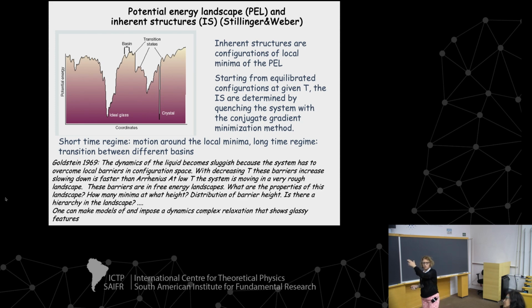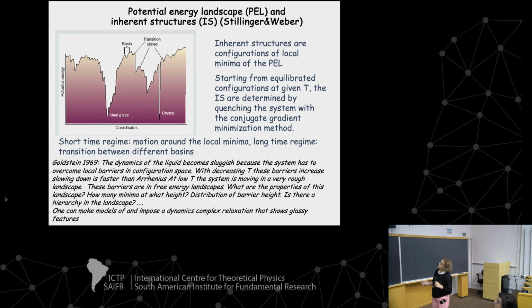It's a many-dimensional, multidimensional space. And this is the potential energy. This is what I was telling you about several times. The deepest minimum is the crystal. And then we have the glass and transitional states.